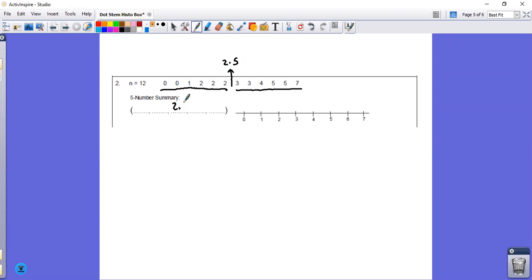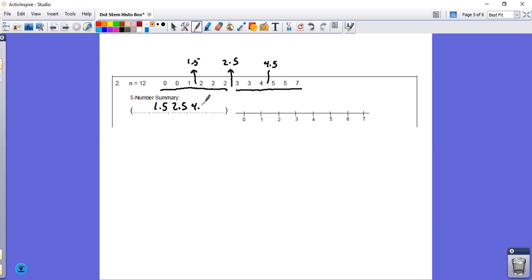This time your median is not one of the data, which is fine. So it still leaves 6 and 6. So the middle of those 6 is here, 1.5. So there's your first quartile. The middle of the upper 6 is here, 4.5.